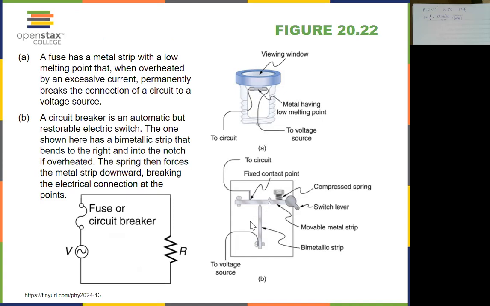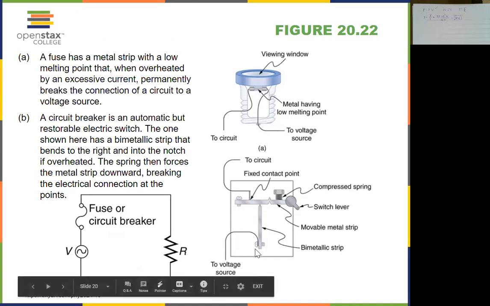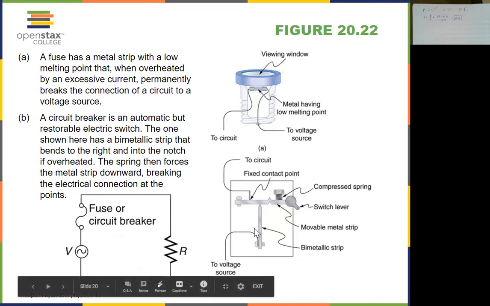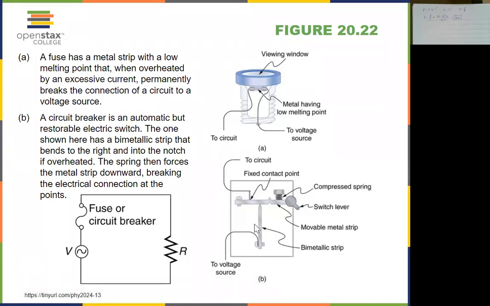Or you can have a breaker box like this. The one on the wall in the classroom over there is an electric breaker. The mechanism is here. When a large current goes through this metallic strip, it will bend because the temperature goes up.